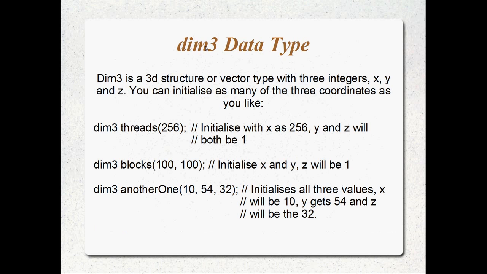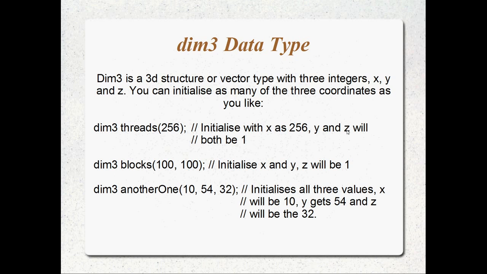So the dim3 structure is really, really important in CUDA. It's just a little structure with x, y, and z as integers, and you can initialize them like this if you want. So dim3 threads 256 is going to make a new dim3 instance called threads with x set to 256.